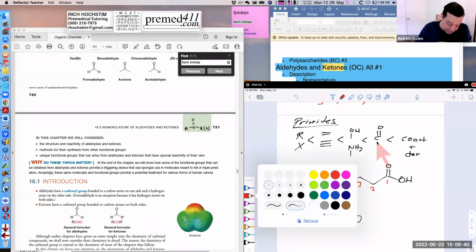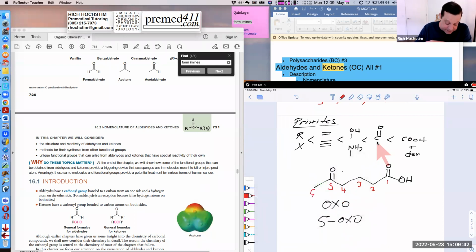And then we got 6 over here. So then this is going to be hexanoic acid. So the acid having a higher priority will take the parent name, the name on the end, and the ketone in this case will be called oxo. So that's the idea behind that.